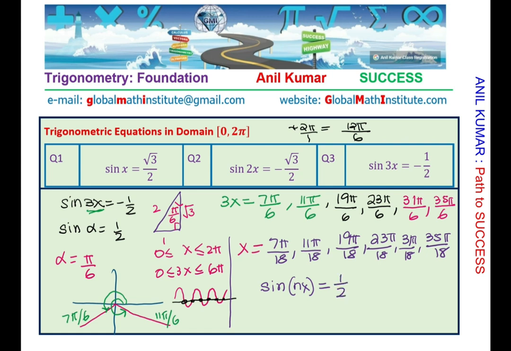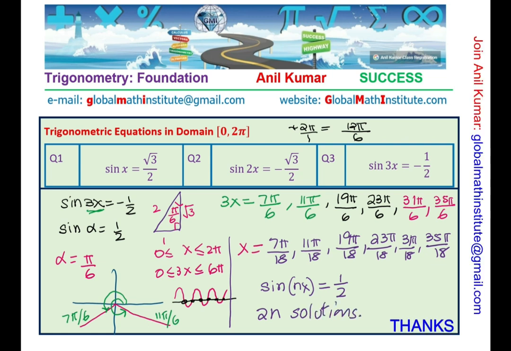In that case, how many solutions do we have? We have 2n solutions. Make sense? We have 2n solutions. And that is the process of finding these solutions. So I hope this step is absolutely clear.